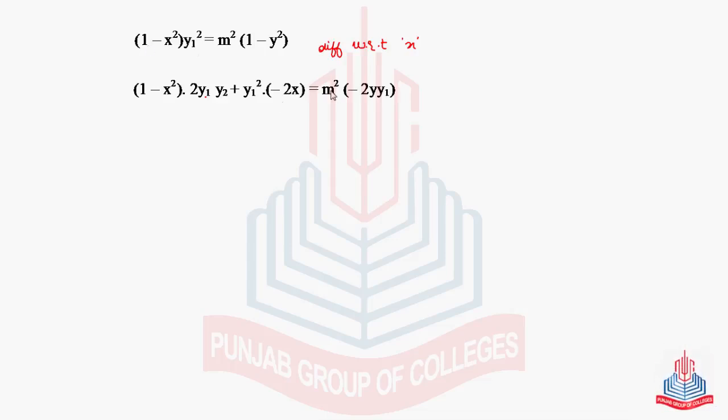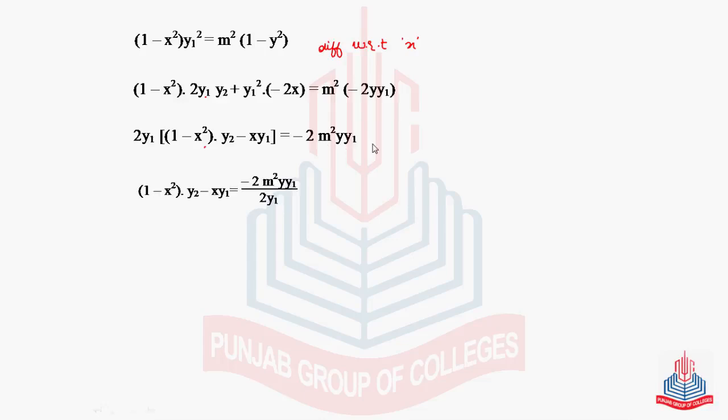On the right hand side, m square is the constant term so it remains the same, and the derivative of 1 minus y square becomes minus 2y, times the derivative of y, which is y1. So on the left hand side, taking 2y1 as a common factor, we have 1 minus x square y2, and minus x y1 remains as the other part, and on the right hand side we have just minus 2m square y1.